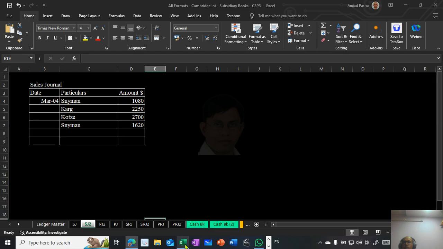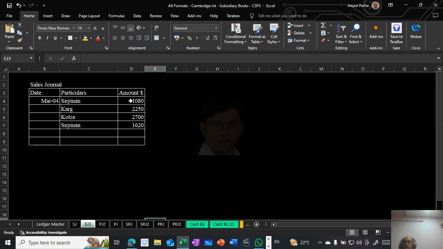So four sales entries are there. We have to record it in this particular style. This is known as the format. So the transaction should be recorded in this particular format. So format is important.